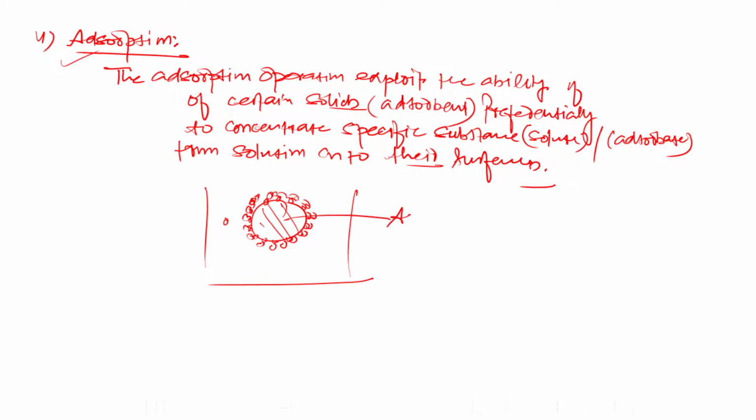This is the adsorbent and this is the liquid solution. The solute gets adsorbed on the surface so that the concentration of solute in the liquid solution decreases and it becomes pure solvent. This is called adsorption. I think it is clear to you.